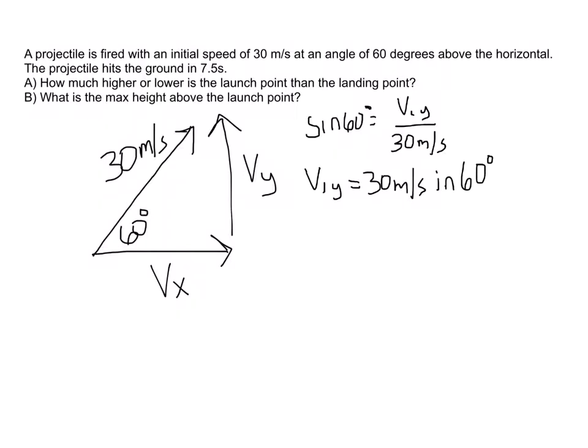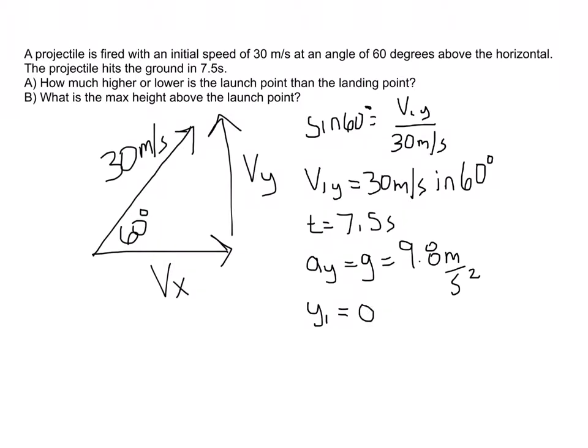We also know that the time is equal to 7.5 seconds. We know that the acceleration in the y direction is equal to g, which is 9.8 meters per second squared. And we're going to say that the initial y is equal to 0.